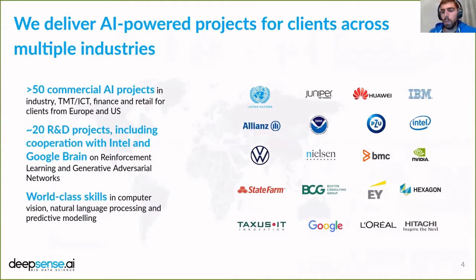We work for companies from all over the world, both large companies and smaller ones like startups. We also conducted some R&D projects, including ones in cooperation with Intel and Google Brain on reinforcement learning and generative adversarial networks. As a team, we guarantee world-class skills in computer vision, NLP, and predictive modeling.